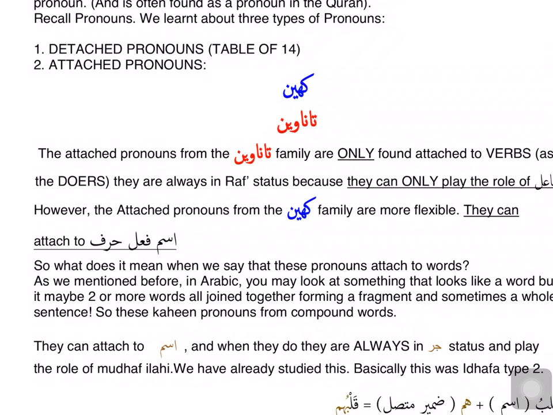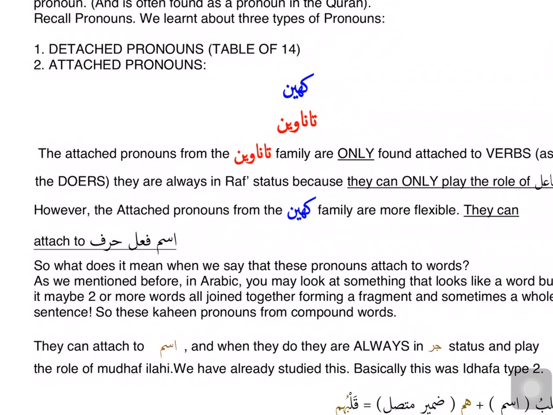But then there is this other category, the attached pronouns. These are pronouns that can attach to words. We said that there are two families, kaheen and tanaween. The family actually has the pronoun letters. Kaf is a pronoun, ha is a pronoun, ya is a pronoun, and noon is a pronoun.